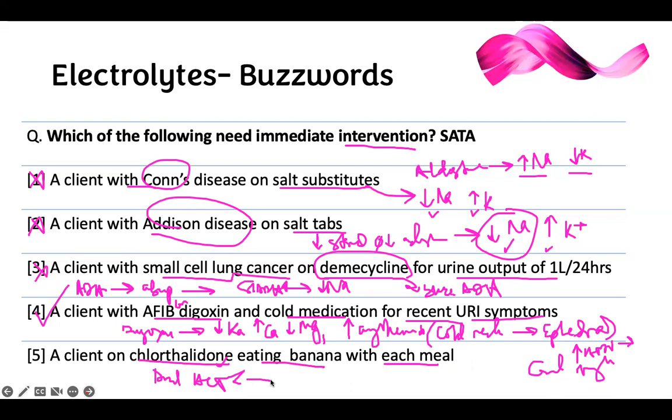When you take hydrochlorothiazide, your potassium goes low. And this patient is eating bananas. That's good. I want you to do that, so I'm not worried about you. So this is the only patient you should worry about, and this is the end of it.